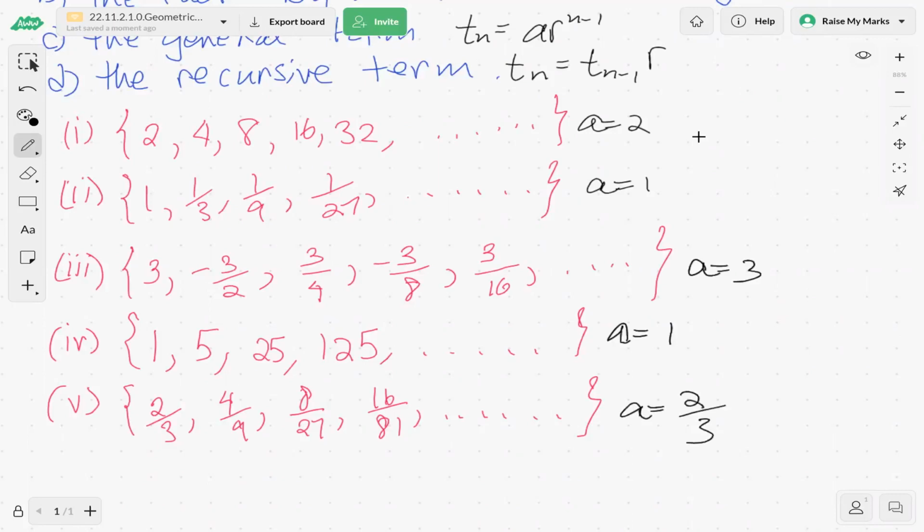All right, so in sequence 1, what is r? r equals, looks like we're multiplying by 2. So we looked at this example. Now in sequence 2, what are we multiplying by? It looks like we're multiplying by 1/3.